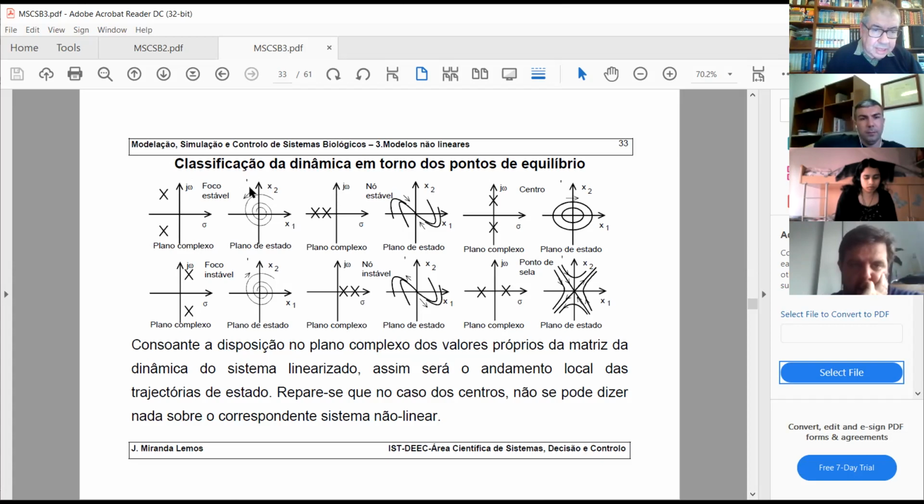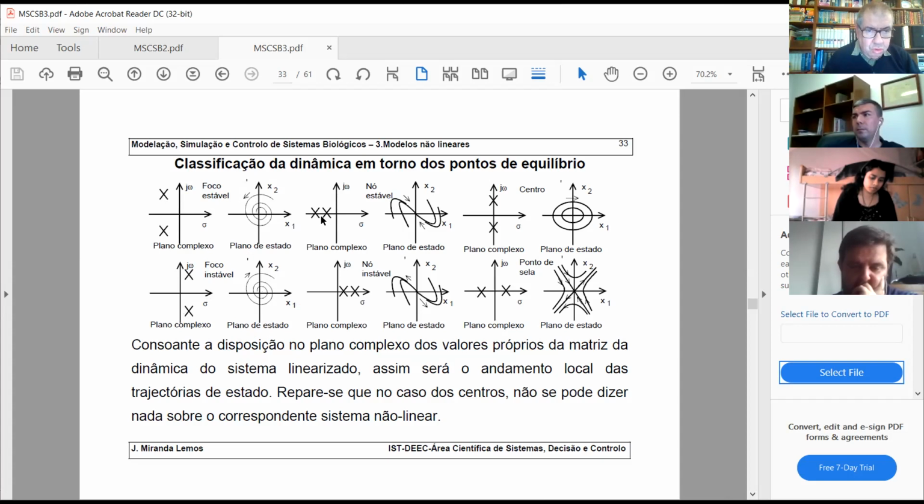So you have some oscillation that is damped and you spiral to the origin. So this corresponds to an asymptotically stable linear system. If instead you have the eigenvalues with a positive real part, this exponential grows in time and you start spiraling away from the origin to infinity.